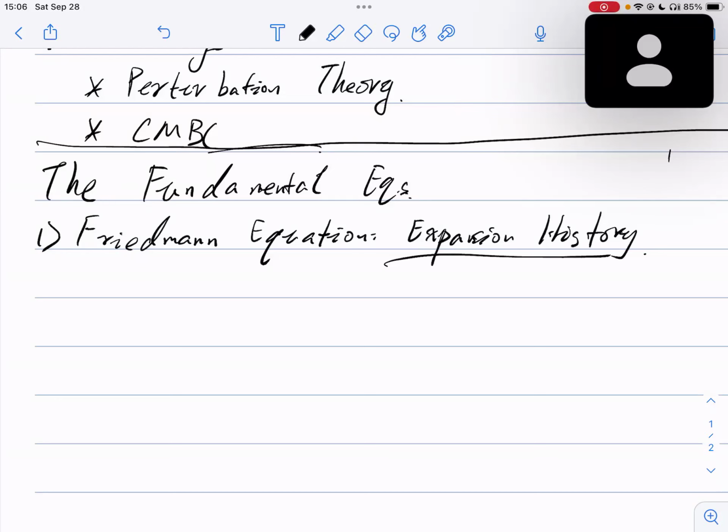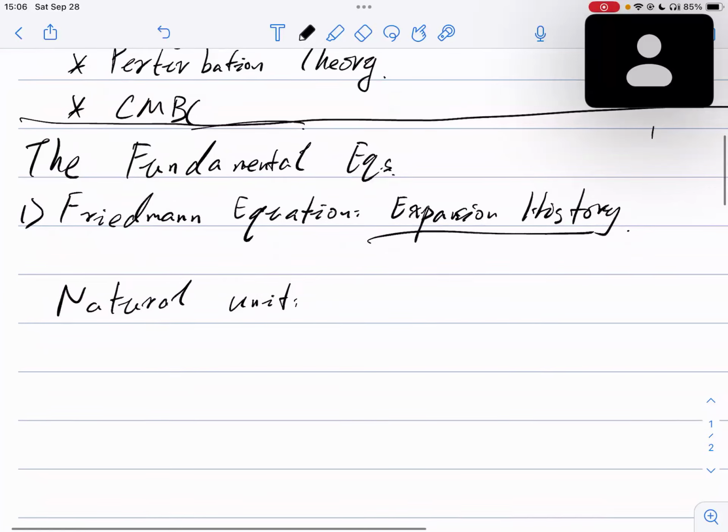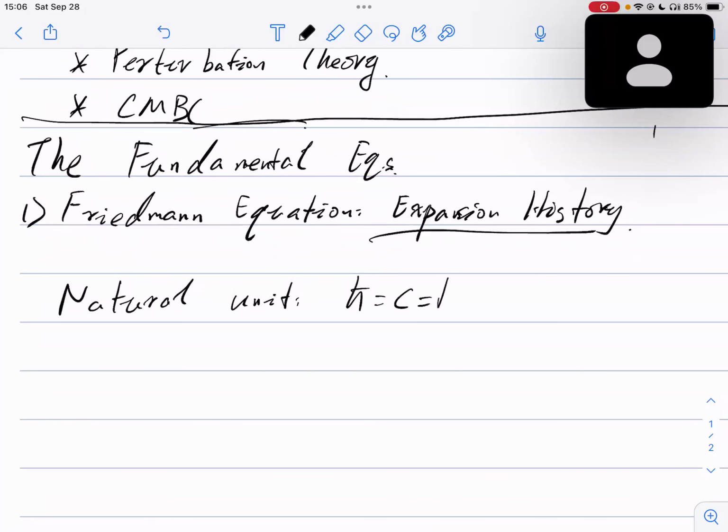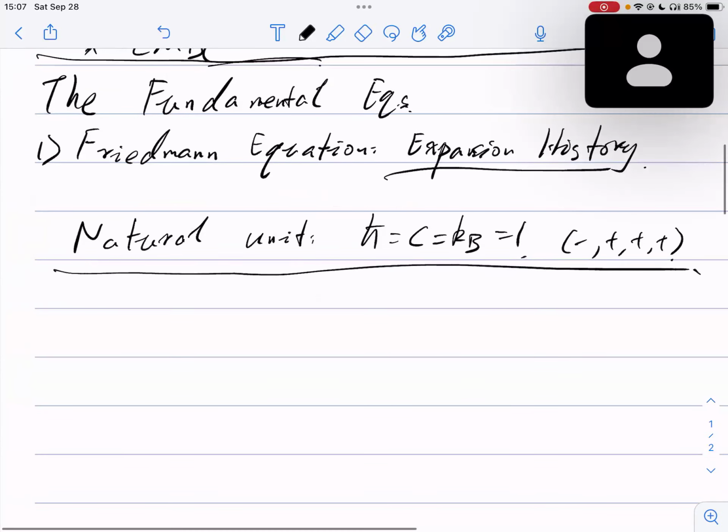And another thing about the units: we will use natural units, which means h bar equals c equals k Boltzmann constant equals 1, and a metric signature of minus, positive, positive, positive. Okay, so much for this.